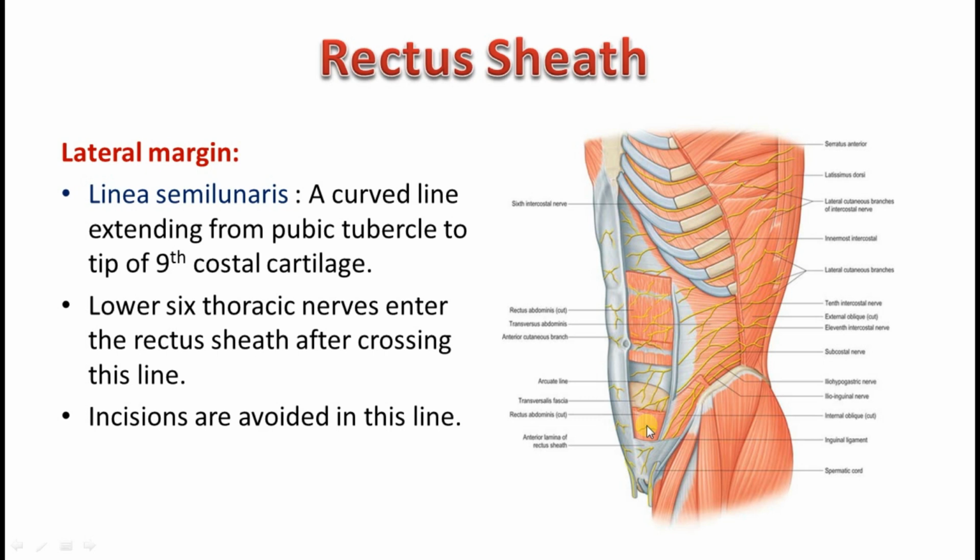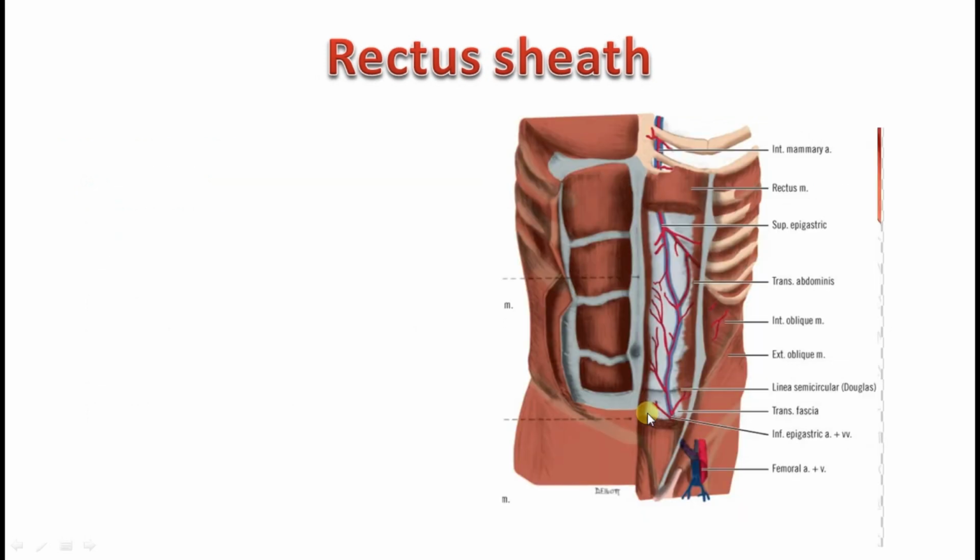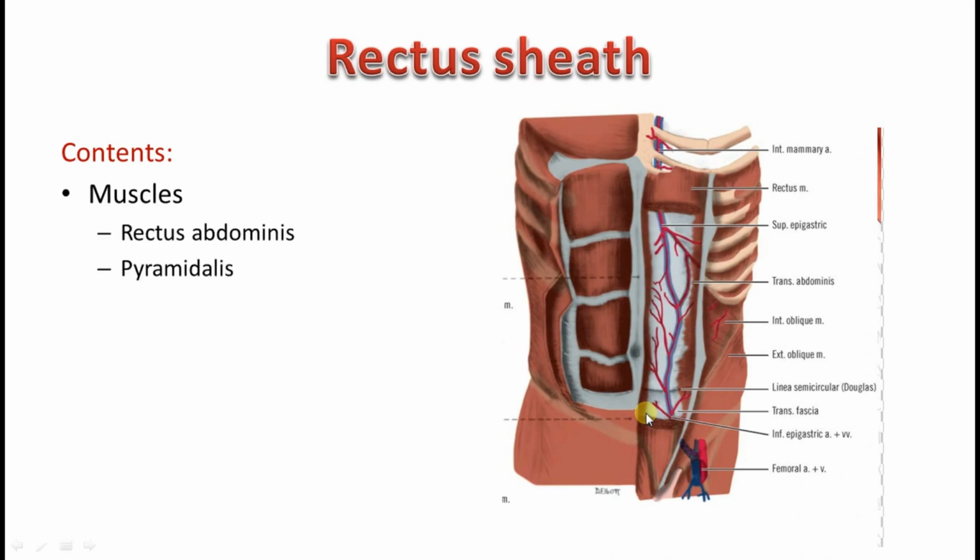And always remember there is an overlapping of the dermatomes. They are not strictly confined to that segmental area. So coming to the contents of the rectus sheath, the contents are mainly the rectus abdominis muscle and the pyramidalis muscle, the two muscles.